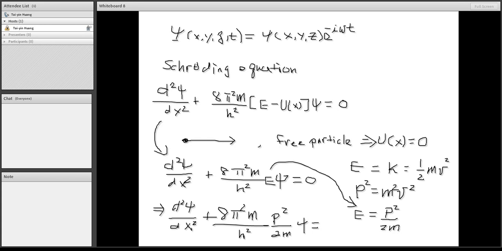So you can see that your m here cancelled, and you have 8 in the numerator and 2 in the denominator, that becomes 4. So this equation becomes 4 pi squared p squared over h squared.